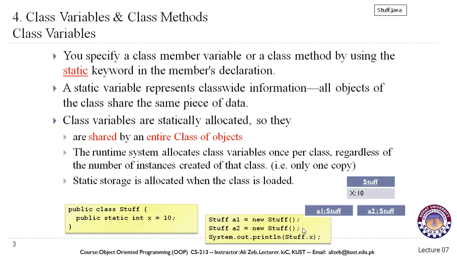So as soon as we load the class, the static variable is assigned storage. All the instances share the same copy of the class variables. In simple terms, it means that the value of a static variable remains the same for all of our objects.